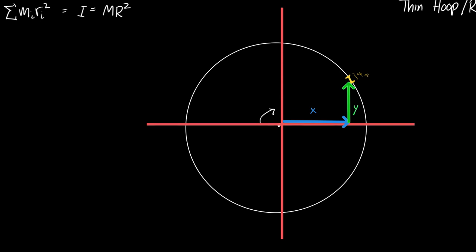But this thing is a circle. If I do it this way, I need to come up with an expression to define where every piece is. Do you know an expression that would help us define where every piece is? You may or may not. I hope that you do know that x squared plus y squared equals r squared, the radius.